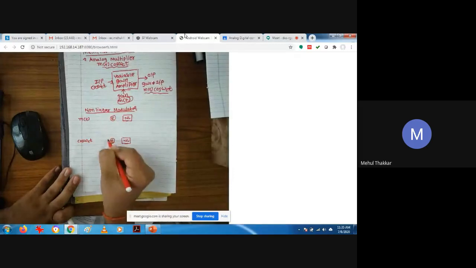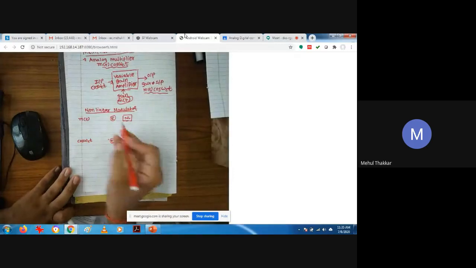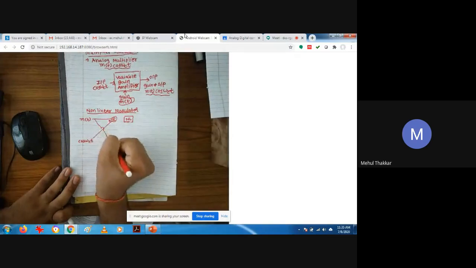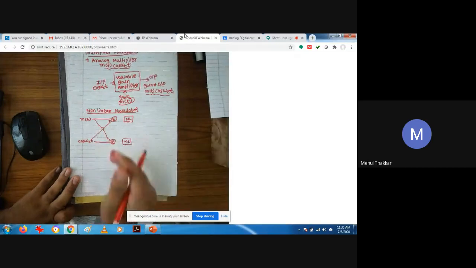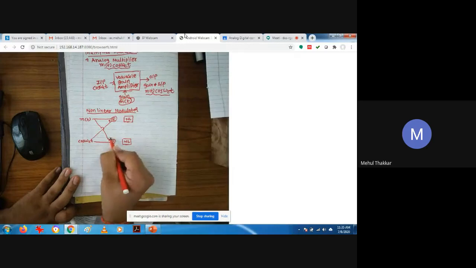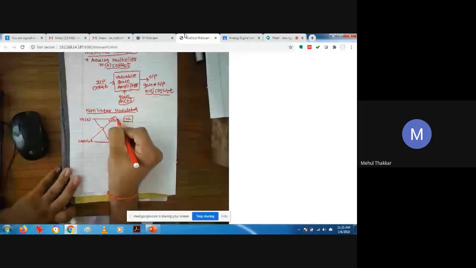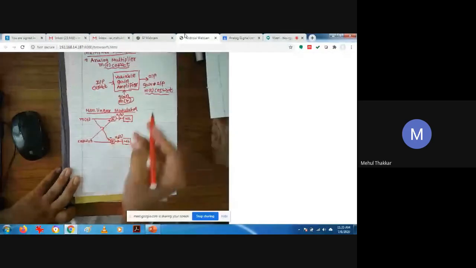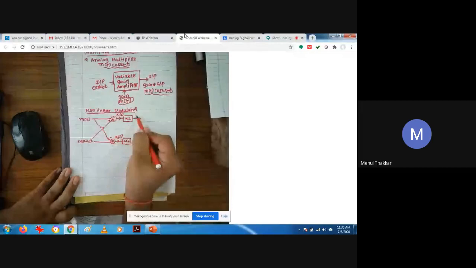The input m of t goes here, and cos of omega ct goes here, with one addition and one subtraction, of cos omega ct and m of t. This is given to the non-linear devices. Let's say these signals are x1 of t and x2 of t, and the outputs of the non-linear devices are y1 of t and y2 of t.